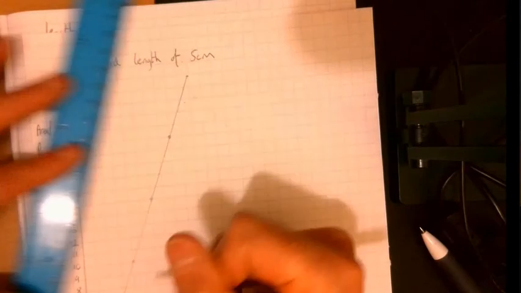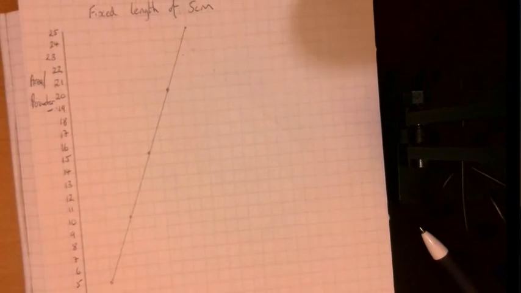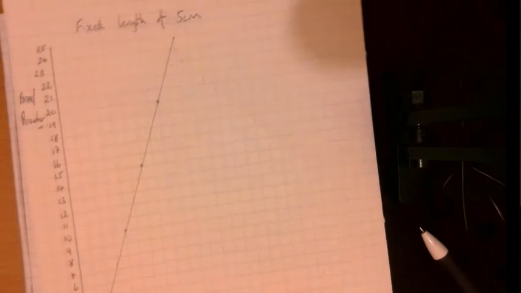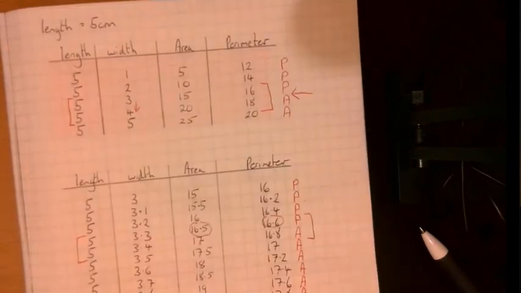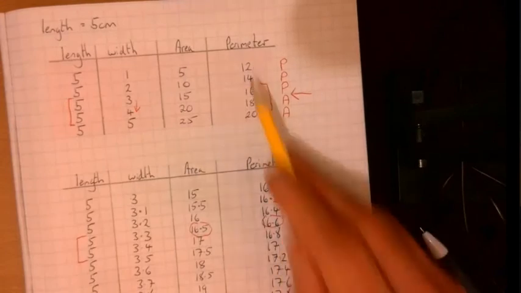So for area, you can go back to the beginning. I'm just going to leave this one because it's not particularly important. And now we're going to plot the perimeters. They go 12, 14, 16. So they're going up in 2s, but starting at 12. So I'm going to start at 12.